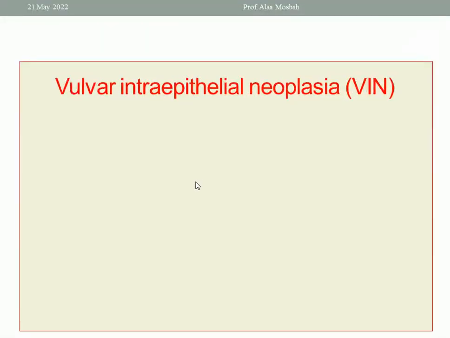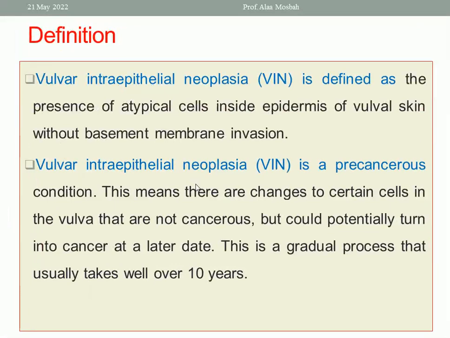Let us go to the vulval intraepithelial neoplasia, which is defined as the presence of atypical cells inside the epidermis of vulval skin without basement membrane invasion. It is a precancerous condition that may become squamous cell carcinoma, and it takes time, up to 10 years.